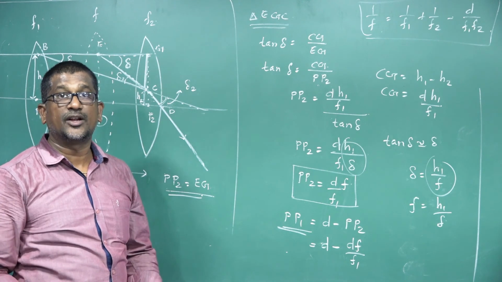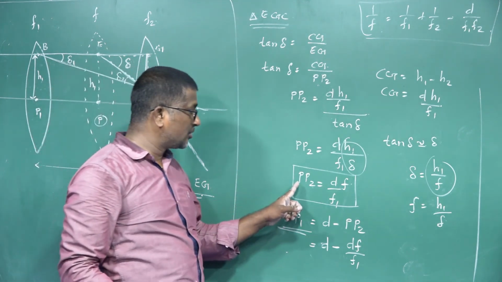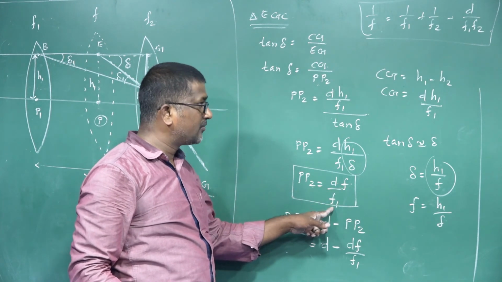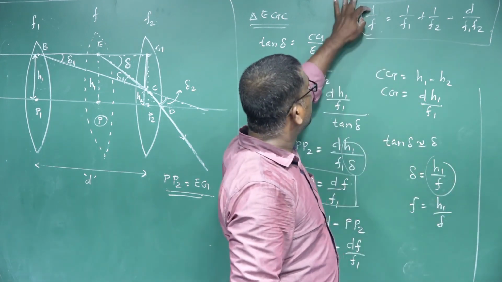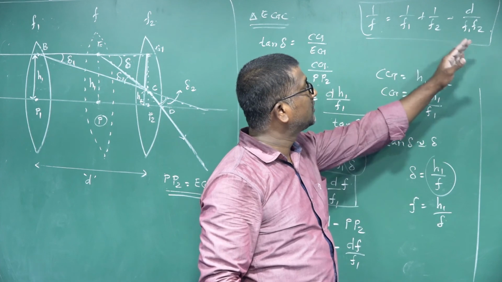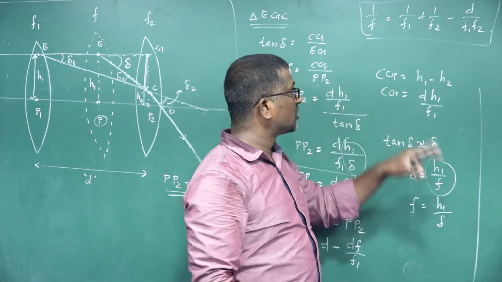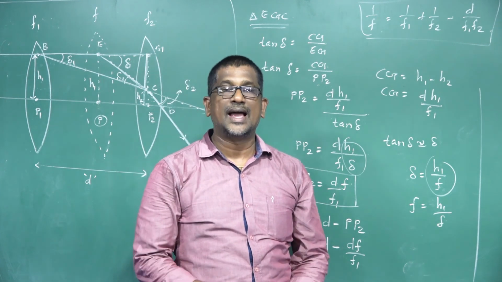The expressions can be derived with the help of the concept of angle of deviation. Here the equations P2 is equal to DF divided by F1, P1 is equal to D of 1 minus F divided by F1, and 1 divided by F is equal to 1 by F1 plus 1 by F2 minus D divided by F1 F2 are derived with the help of the concept of angle of deviation.